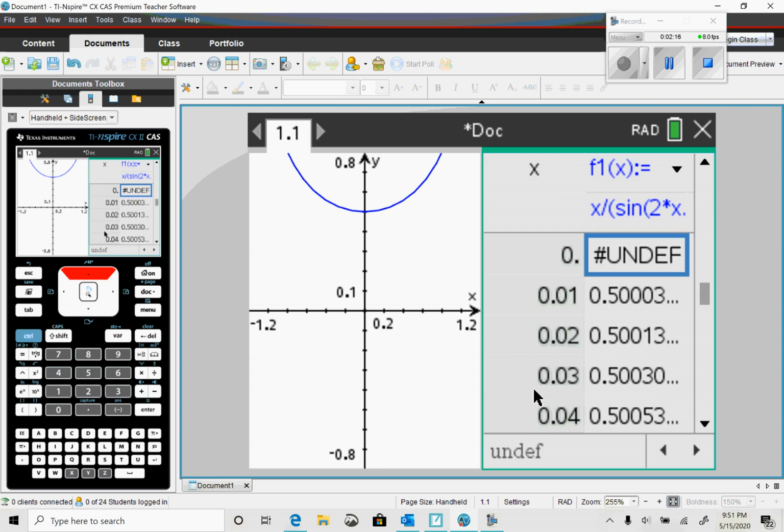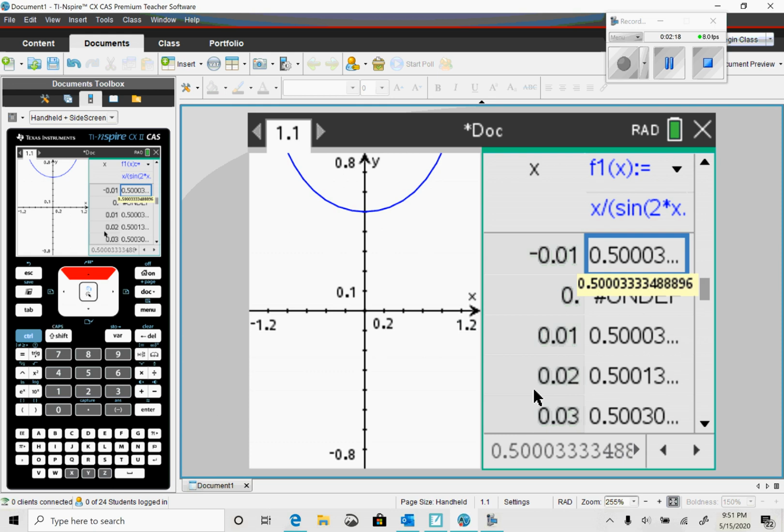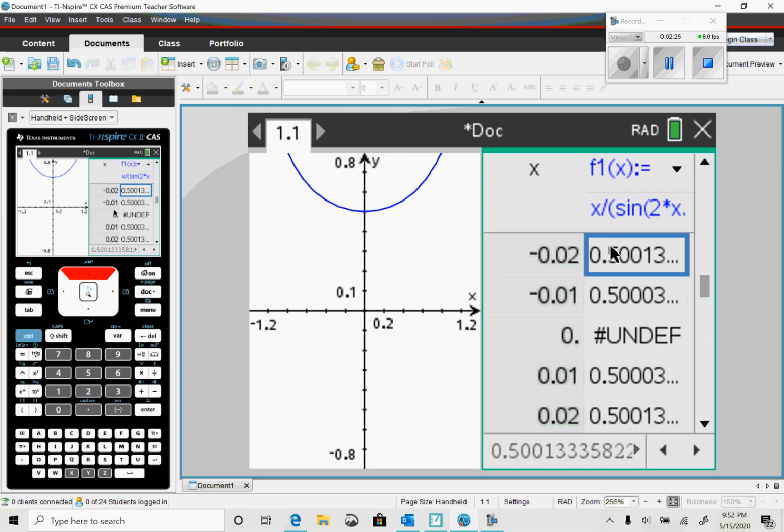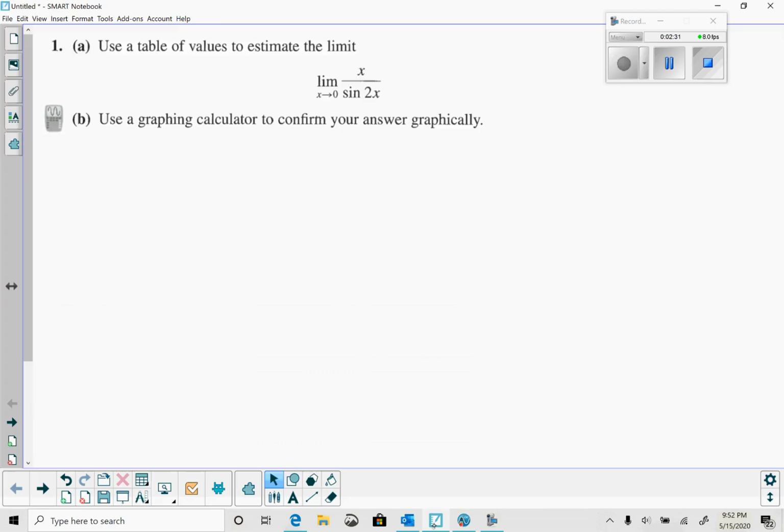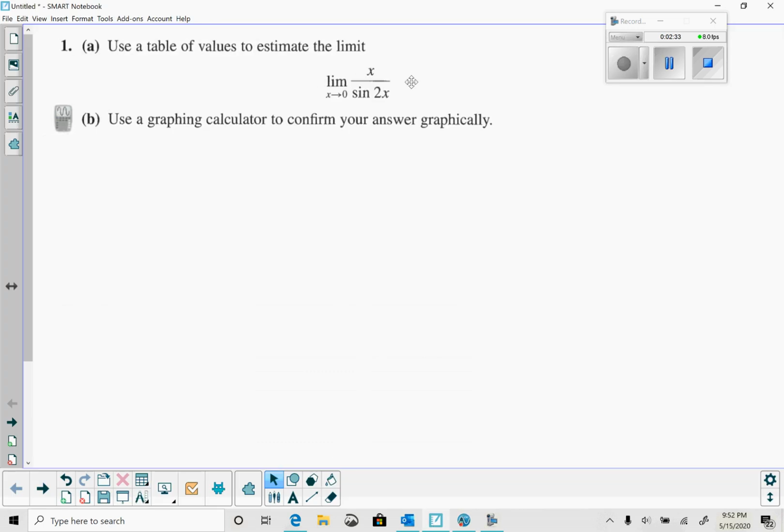Of course, again, this is undefined. And just on the other side, oh yay, we love symmetry, don't we? Okay, so from the table of values, I would say we could estimate this as having a limit of 1/2.